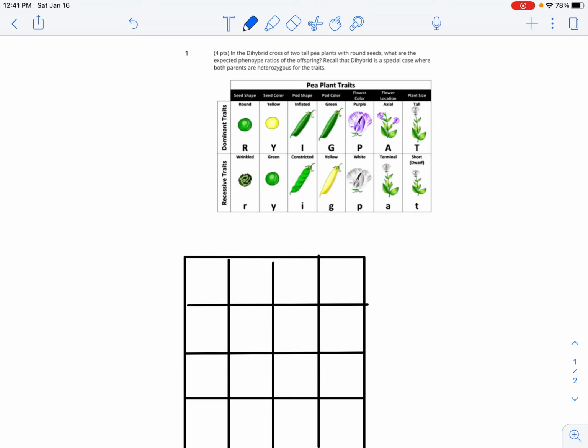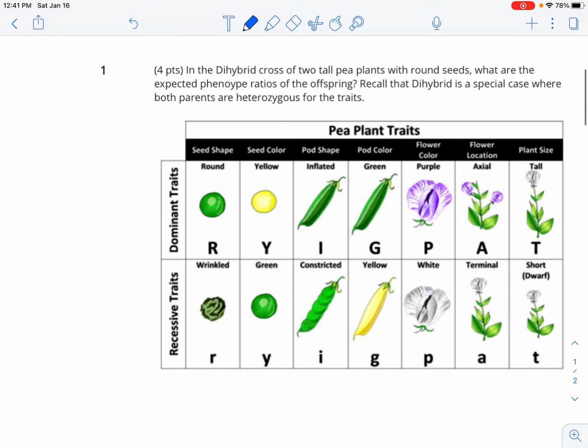So question one that I've got here is a type of cross that we'll call a dihybrid cross. Remember, a dihybrid cross means they're both heterozygous. The plants have round seeds, and they're both tall. Tall means they have a capital T and a lowercase t because they're hybrid, and round would be capital R and lowercase r.